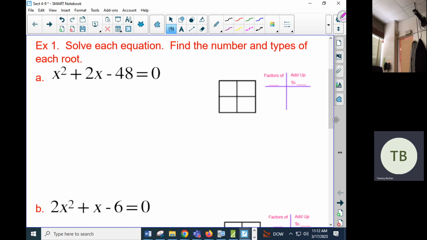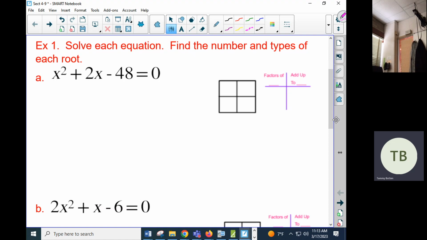So your choices are you're going to have real numbers, which would be any number that you're used to. It can be a decimal, a fraction, a positive, a negative. All of those are real numbers. It can be whole numbers. But the other type is imaginary, and imaginary numbers are going to have an i in it. Okay, so at the end, when we get done, we say how many we have and if they're real or imaginary.